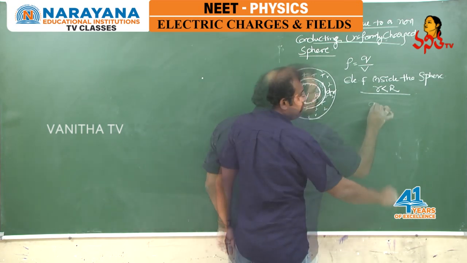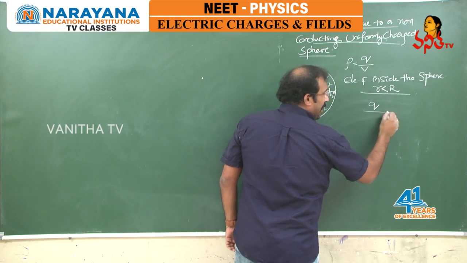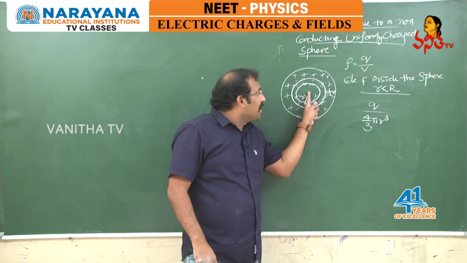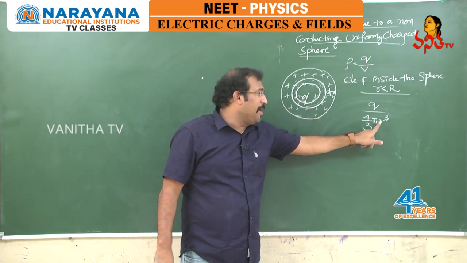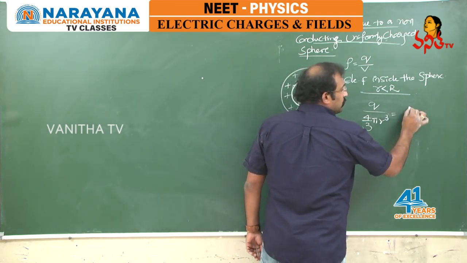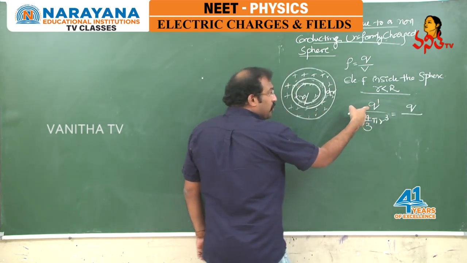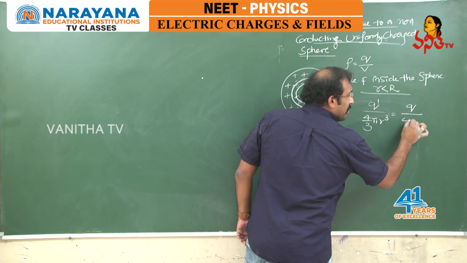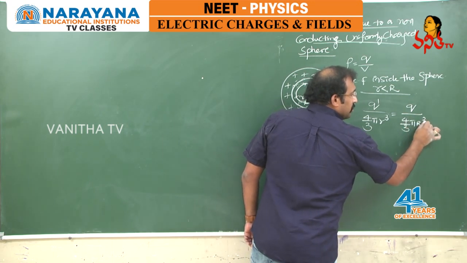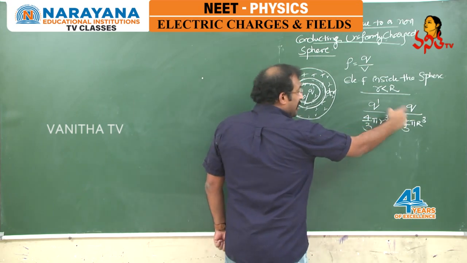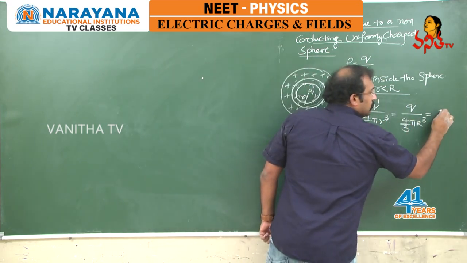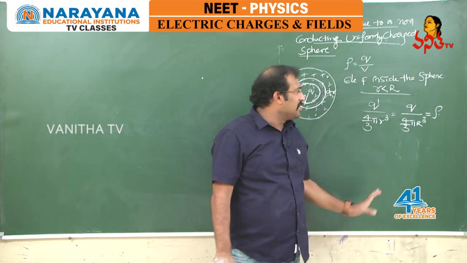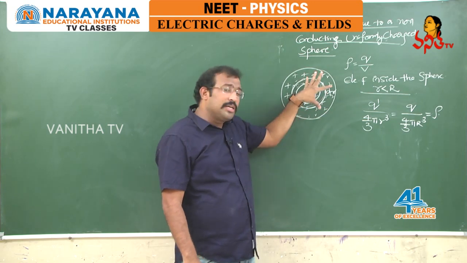Q by 4 by 3 pi R cubed is the total charge per total volume. For radius r, the enclosed volume is 4 by 3 pi r cubed, and Q dash is the charge enclosed by this small element. Q by 4 by 3 pi R cubed equals rho. I already told you it is uniformly charged, so the density remains the same for every element as well as the entire sphere.